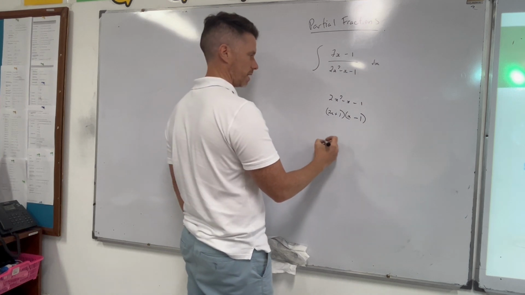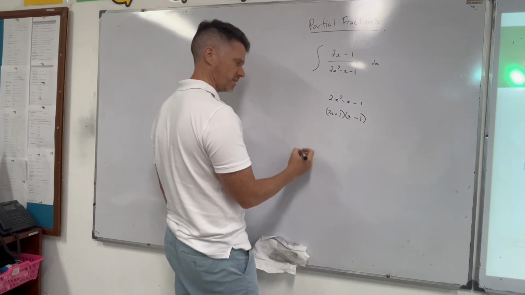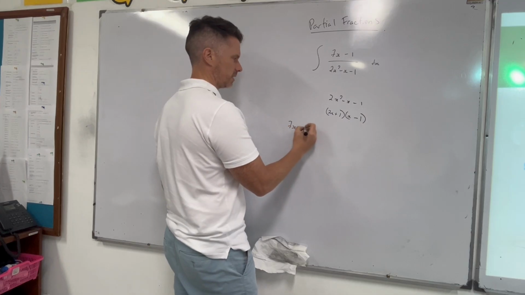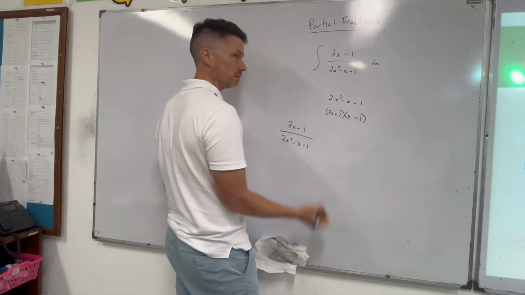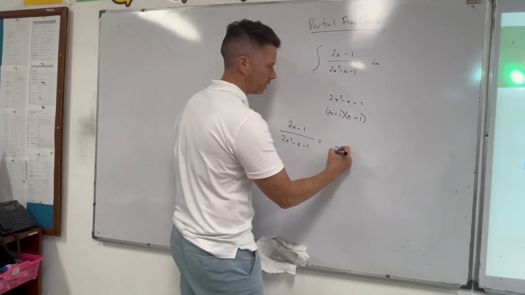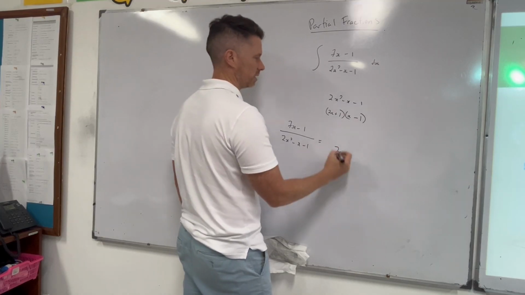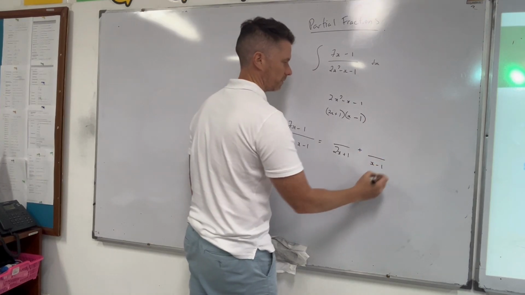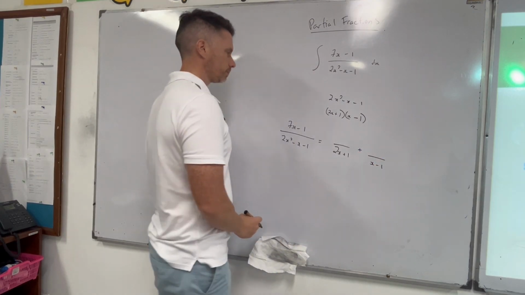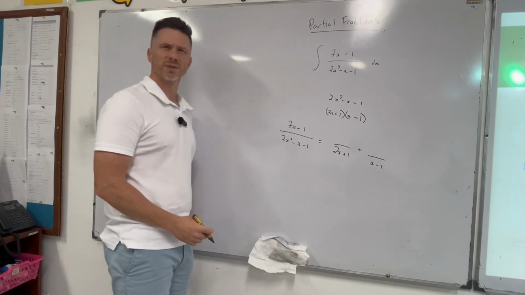All right, so let's separate into partial fractions then. 7x minus 1 is the numerator. 2x squared minus x minus 1 is the denominator. We want to separate it into partial fractions. So this is one fraction and this is the other fraction denominator.